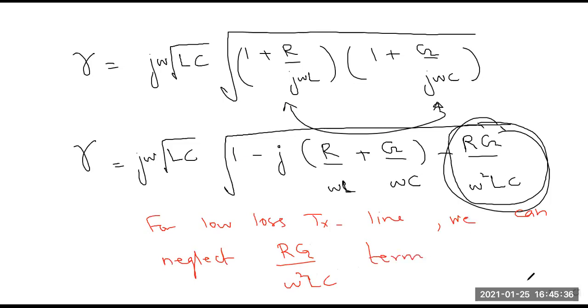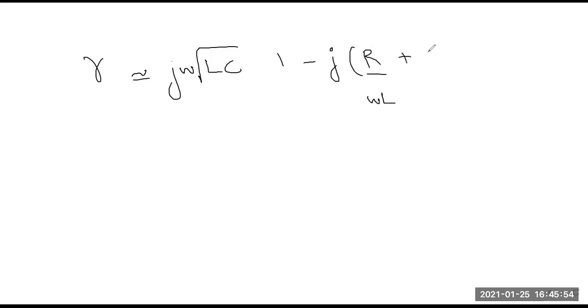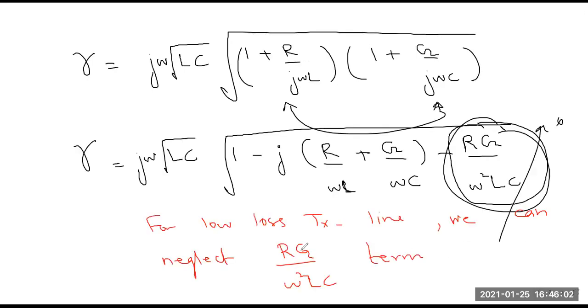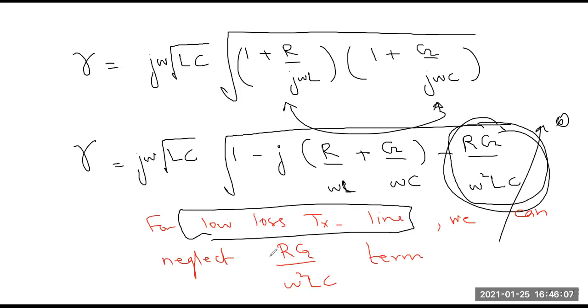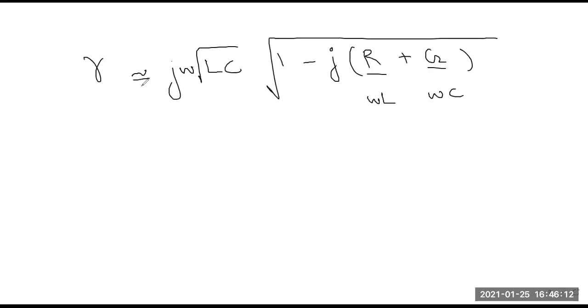As a result, we get an approximation: the propagation constant is approximately equal to j omega square root of LC, times the square root of 1 minus j times (R divided by omega L plus G divided by omega C). I just neglected this term, but I can only neglect it if we are dealing with a low loss line. That's the reason we now have approximately equal to instead of equality.